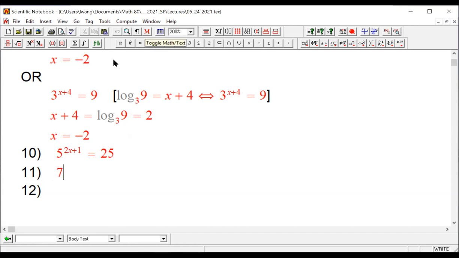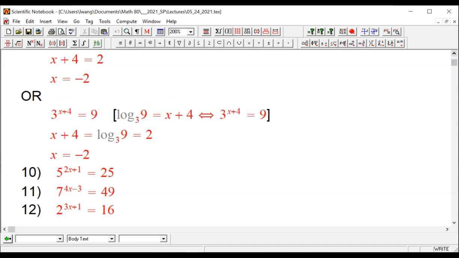Come on, let's do it. 4 to the power x minus 3 equals 49. And number 12, 2 raised to the power of 3x plus 2 equals 16. Okay, your turn. Because I want you to still see the examples.